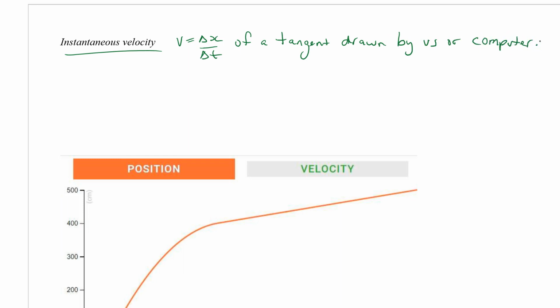So let's see, how about, what is the instantaneous velocity at time equals 5 seconds? Let's see if we can figure that out.